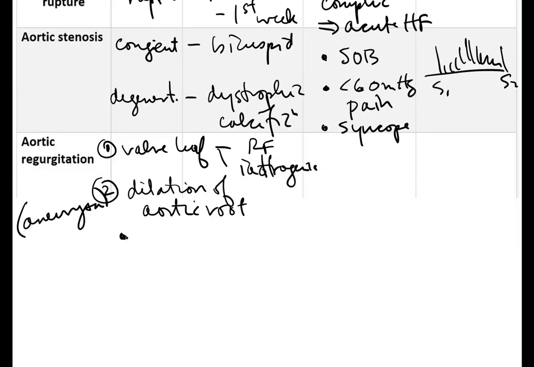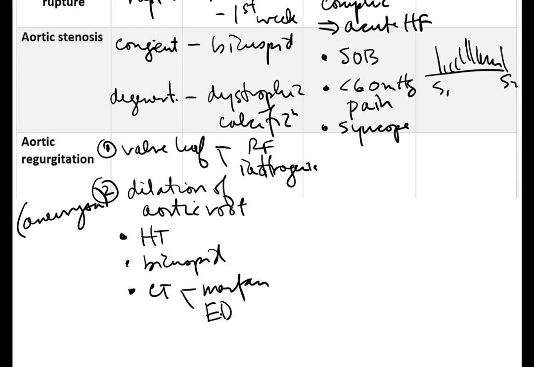Remember, the commonest cause of aortic aneurysm in the elderly is going to be cystic medial degeneration from hypertension. It can be associated with a bicuspid aortic valve when you get root abnormalities with that. Obviously, we get it with the connective tissue diseases of Marfan's disease and Ehlers-Danlos.